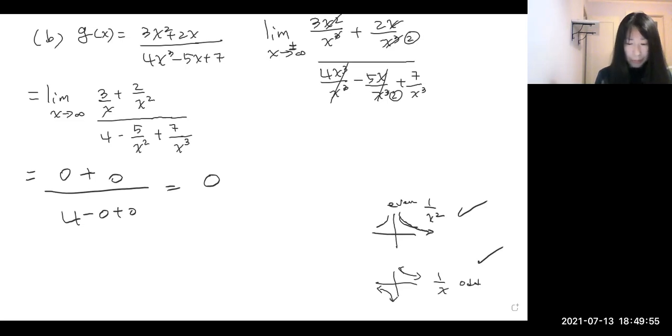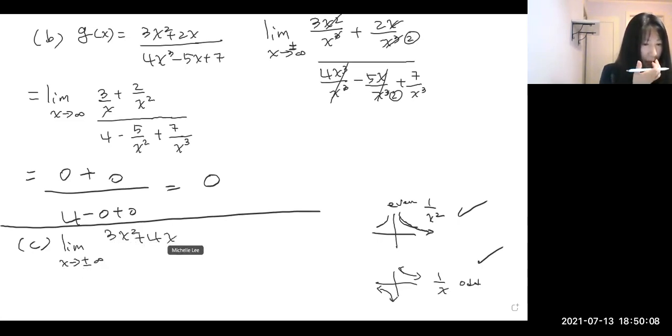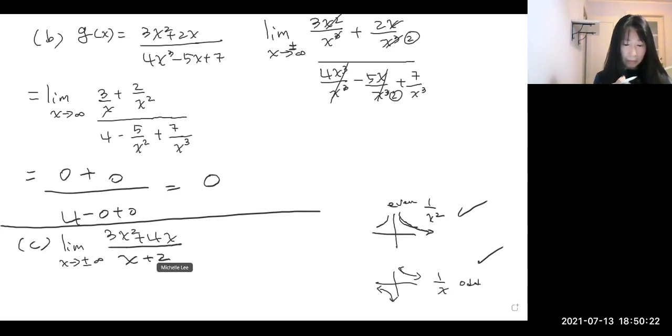C part. Maybe we do it here. 3x squared plus 4x over x plus 2. All right.